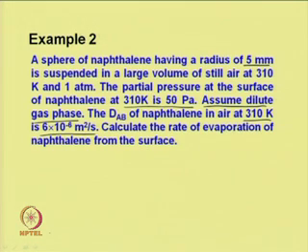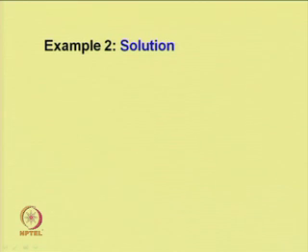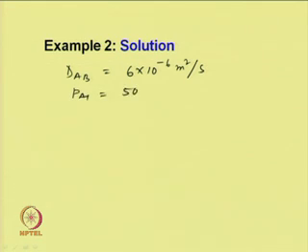Now, the data which are given is D A B is 6 into 10 to the power minus 6 meter square per second. Partial pressure P A 1 is given as 50 Pascal. P A 2, since this is a large volume of air, we can consider approximately equal to 0.